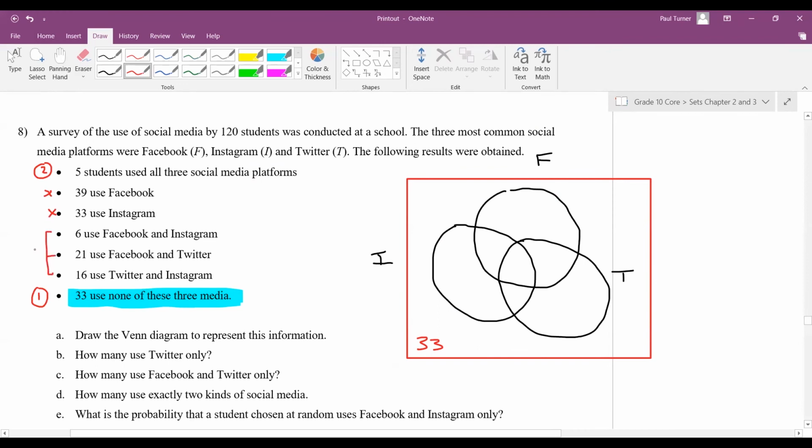Do these 3 things third, and then do those 2 last. Okay, that's the order that you can do it. Okay, try that. And I'll give you the answers in a minute. So if you can do this properly, then the rest of the question is no problem because they're all based on the diagram.